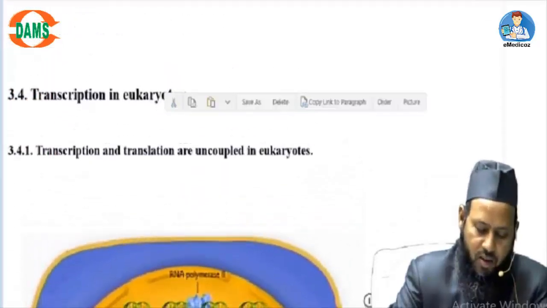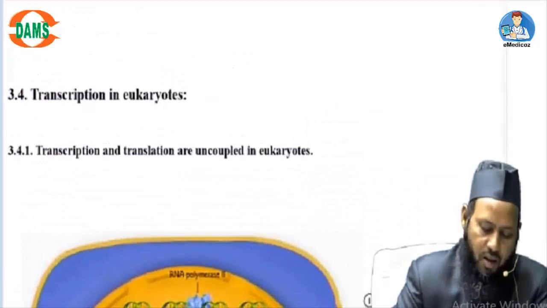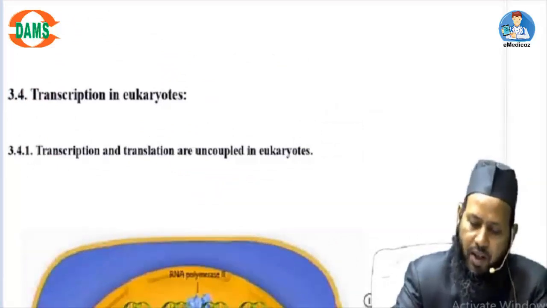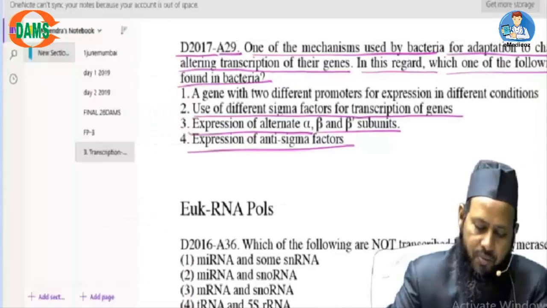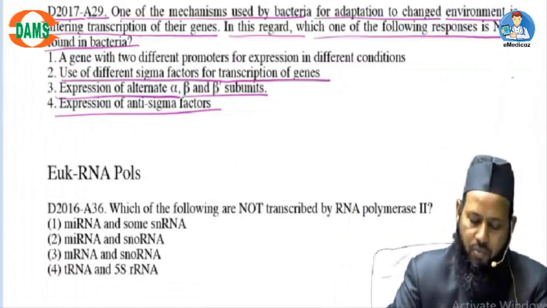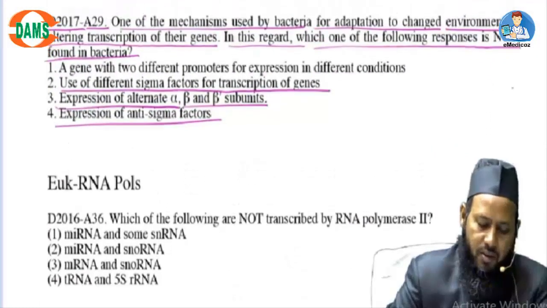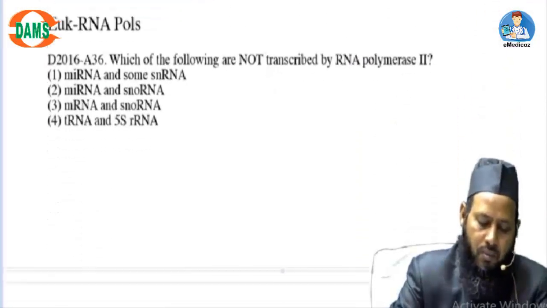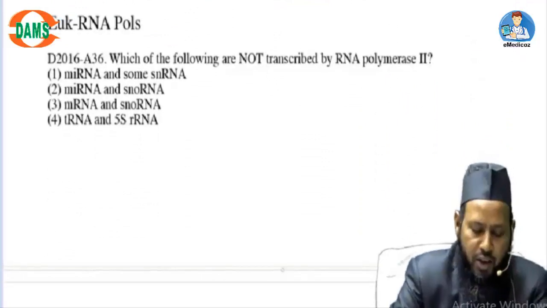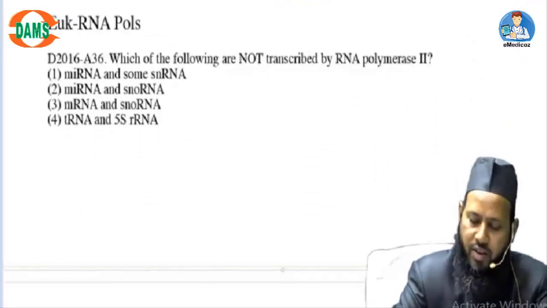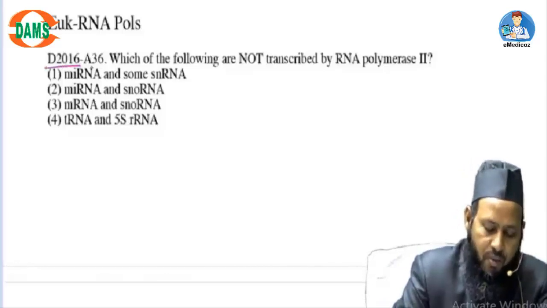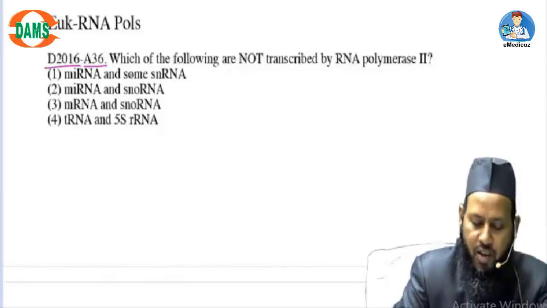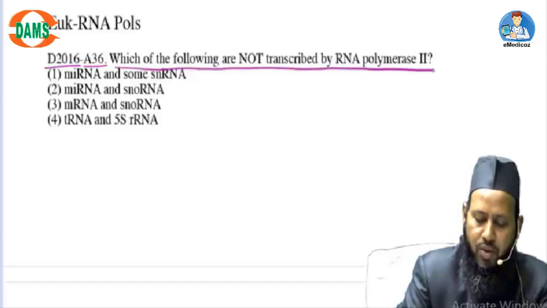Okay, so this is the mechanism of transcription. We will go back and look at some questions like this one. See here, eukaryotic RNA polymerases and eukaryotic transcription. This was a December 2016 question, number 36 in booklet A. Which of the following are not transcribed by RNA polymerase 2?